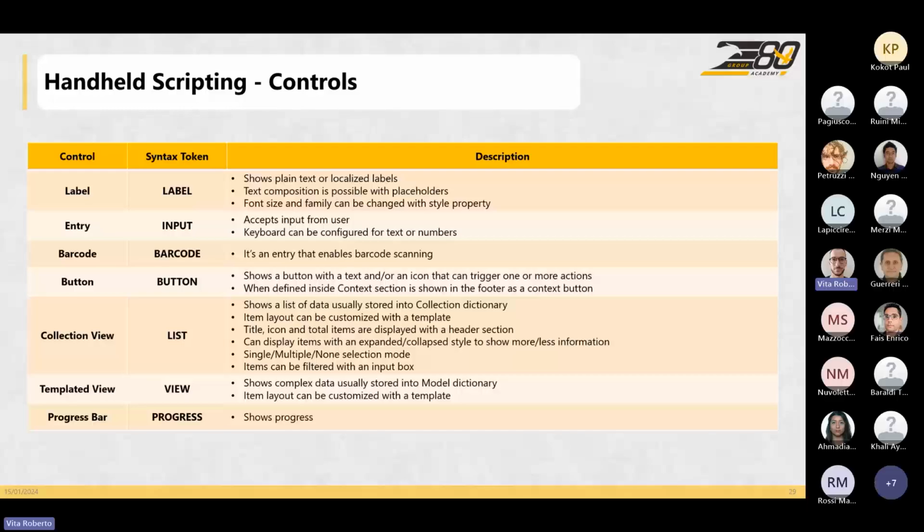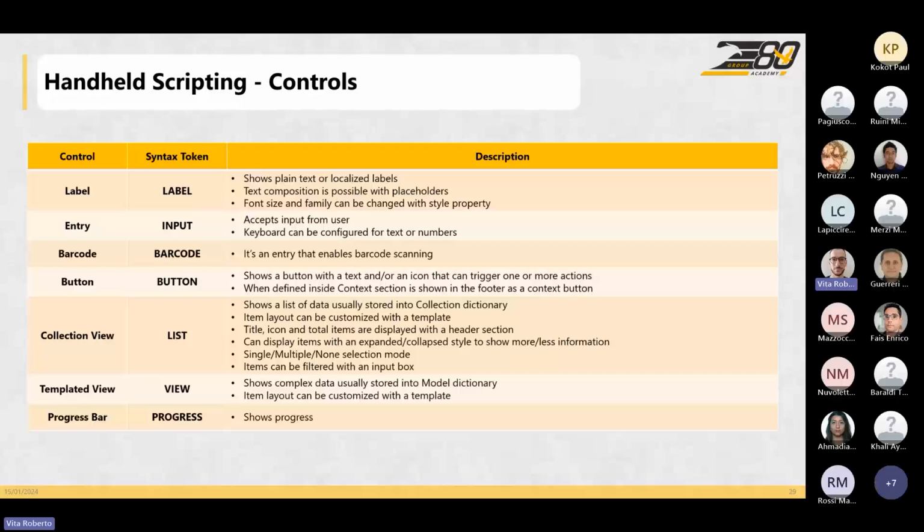So, for example, we can write a label with missing parts, and we can put in a placeholder that will be filled with some dynamic data taken from the flow dictionaries. Label can be customized with font size and font family because it has a style property. We prepared, of course, with the graphic assets, some styles that is possible to use.